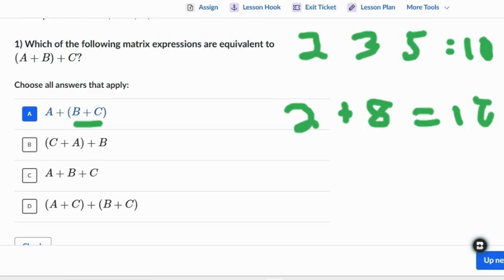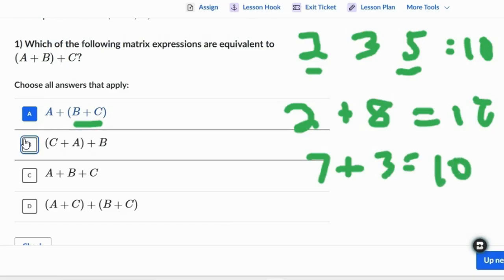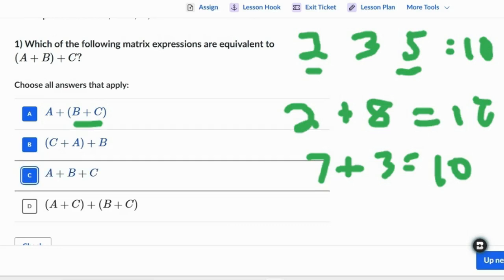C plus A. C plus A. So this would be 7 plus B. B is 3. Okay, that works. A plus B plus C. 2 plus 3 plus 5. That's the same. But here we got A plus C. A plus C. That's 7.